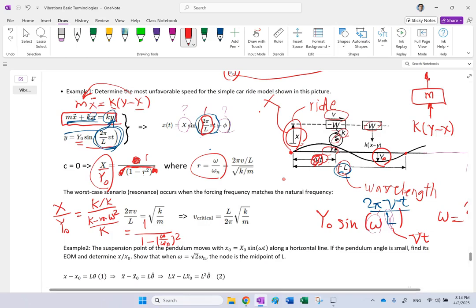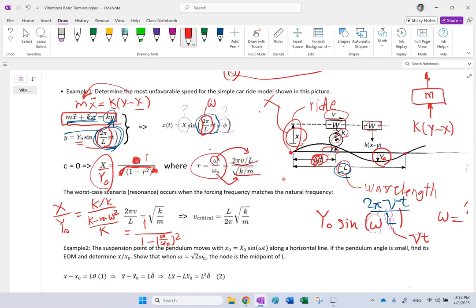And omega n, remember, is the square root of k over m. So now I found the magnitude of x over y as a function of this ratio r. So far so good.